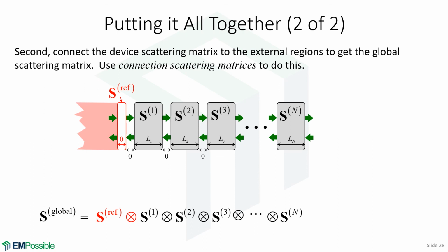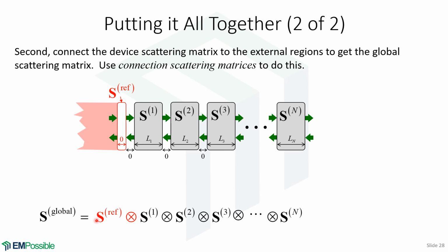So we'll come up with what we call connection scattering matrices. We will have a scattering matrix that has the gap medium on the right, and whatever medium is actually in the reflection region on the left, maybe this is just air or something, and we will give this layer a thickness of 0 so that it has no electromagnetic effect, but it does connect our device to whatever happens to be on the outside world.